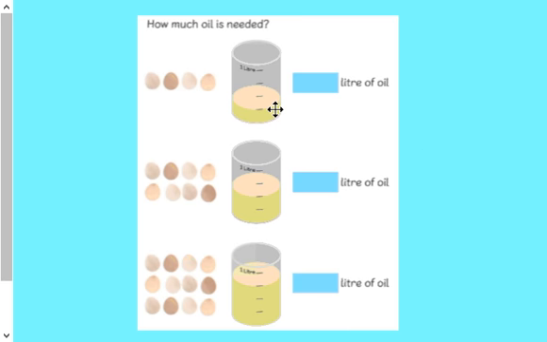So here, 0.25 litres, 3 lots of that would give us 0.75 litres, or 3/4 of a litre of oil, 750 mils. So you can see that whatever you do to one thing, if you're timesing this by 3, you've got to do the same on this side. Otherwise, your recipe amounts would be out. It wouldn't be quite correct.